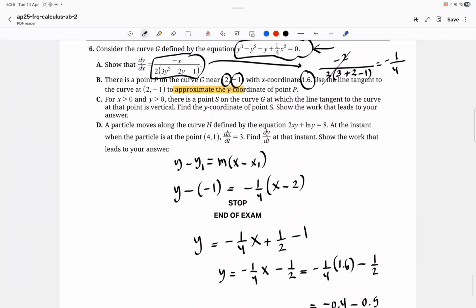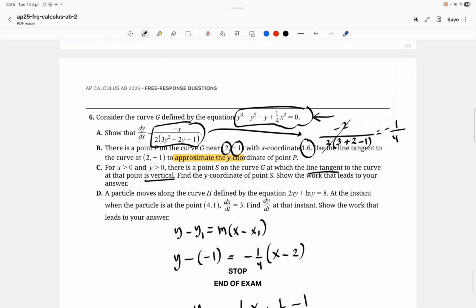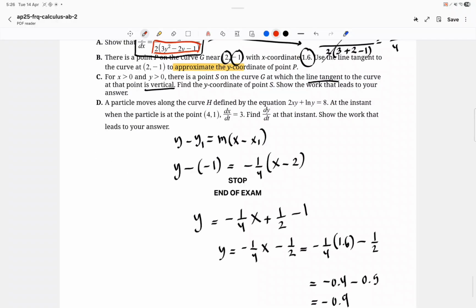Okay, now it's saying that you want the line tangent, which means the slope, to be vertical. That basically means go back to the slope equation and equalize the denominator to 0.